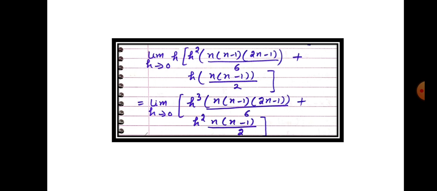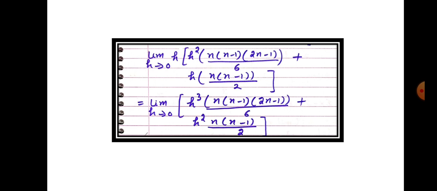Here we can see the power of n is 3 in the first case and 2 in the second case, and the power of h is 3 in the first case and 2 in the second case. So we will convert all these into nh.